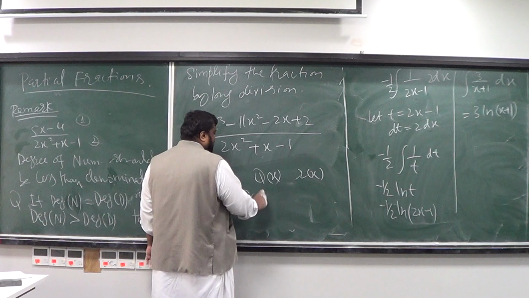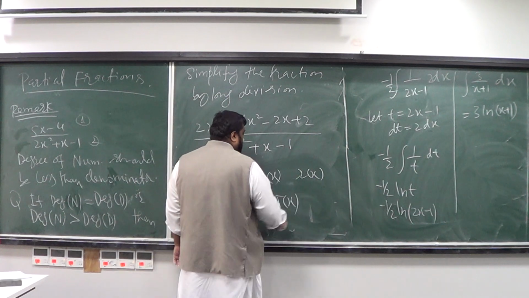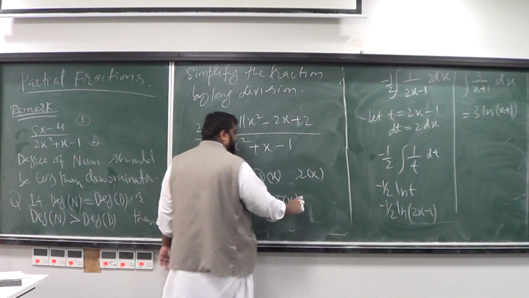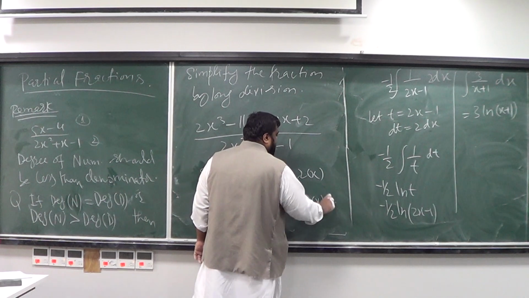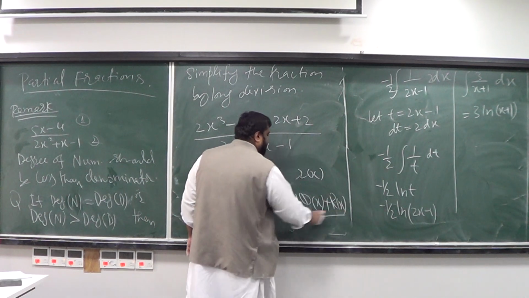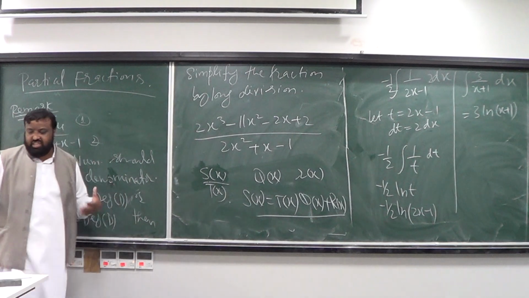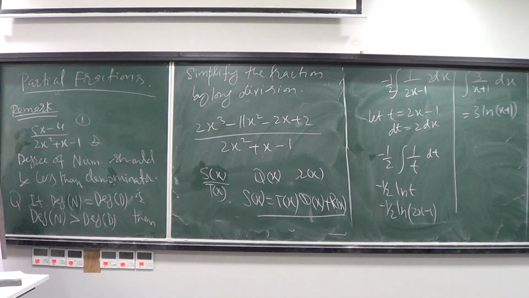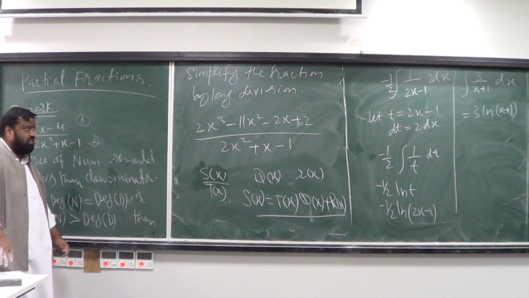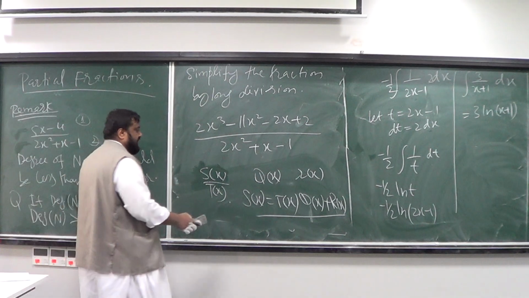And s of x will be t of x, the divisor, multiplied by the quotient plus remainder. So this is just a quick review of the basic algebra. You have to know the basic stuff in order to do the partial fractions.